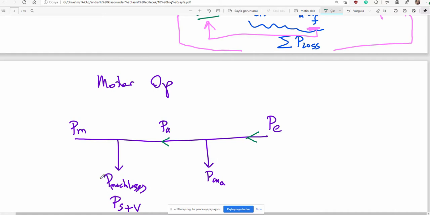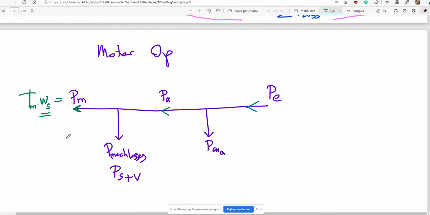After losing some losses, here's the resultant net mechanical output in terms of torque and angular speed of the shaft. That is the chart and power balance of the synchronous machine in motor operation.